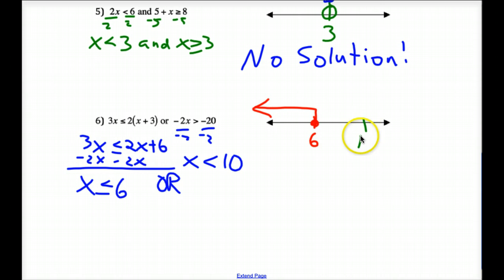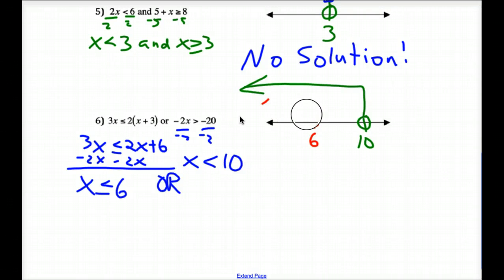This is a special case. It's going to be less than 10. As long as one of them is true, it's true. The less than or equal to 6 does not even matter. The green is the solution.